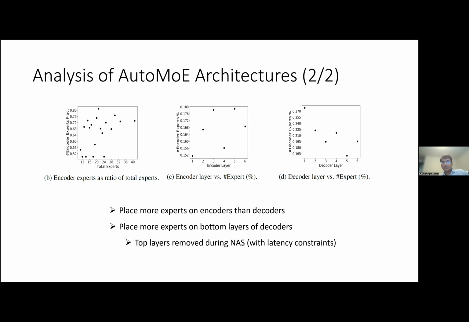In general, the alternate layers and the middle layers have more experts, which is also typically followed in practice, and this is something we get out of the model, which is great. On the decoder side, we see that these are bottom heavy. There are more experts on the bottom layers compared to the top layers. Why? Because we would want to aggressively reduce the top decoder layers when we want to gain latency.